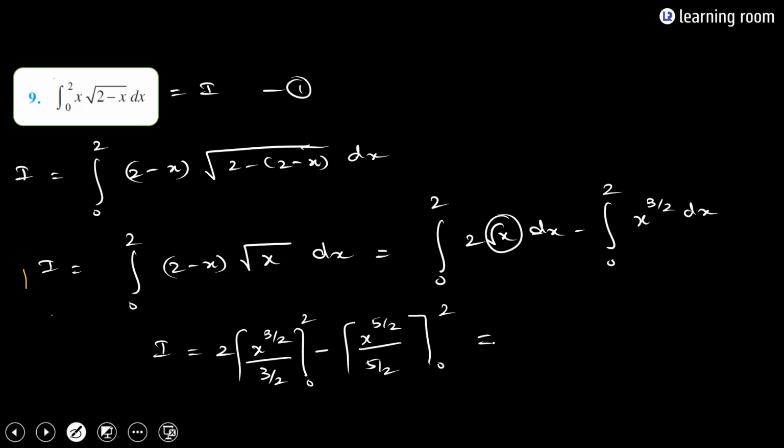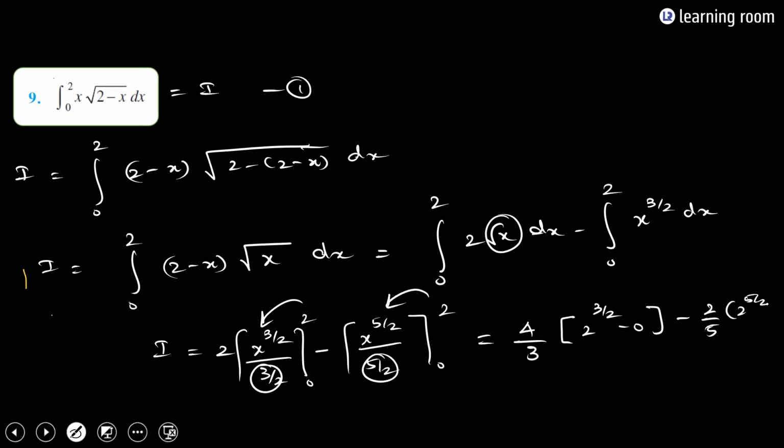So this 3 by 2, you take the reciprocal, it will become 4 by 3 into, substitute the upper limit, 2 power 3 by 2 minus 0, minus 2 by 5 into, substitute the upper limit, 2 power 5 by 2 minus 0.